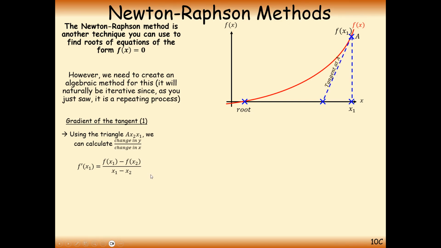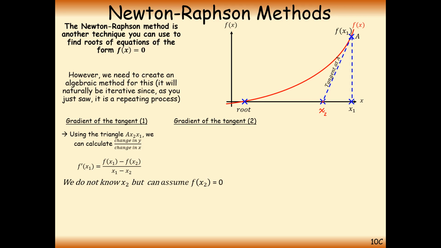Now, if you look at the graph, we know that x2 is where the gradient curve will be zero. Okay, so the tangent at point A will be zero at x2 here.